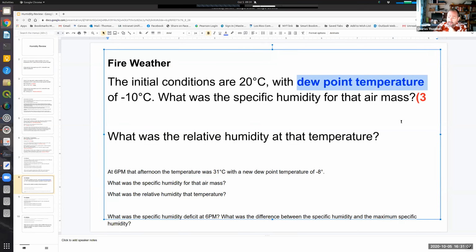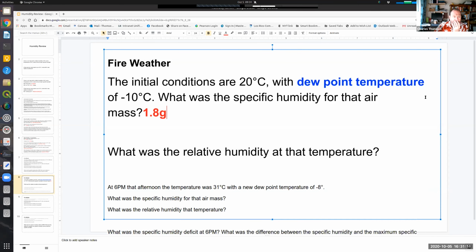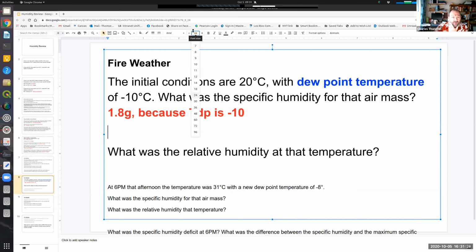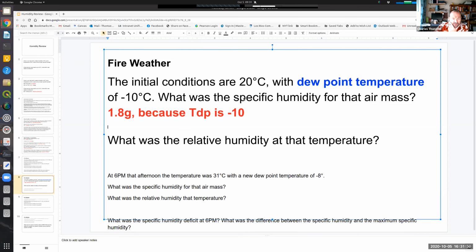So the specific humidity is 1.8 grams, because the dew point temperature is -10 Celsius.